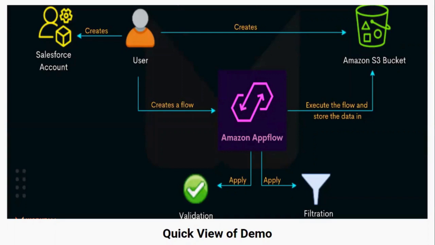Now here comes a quick view of my demo. The user has to create one Salesforce account and one Amazon account, and in it they have to create one S3 bucket.